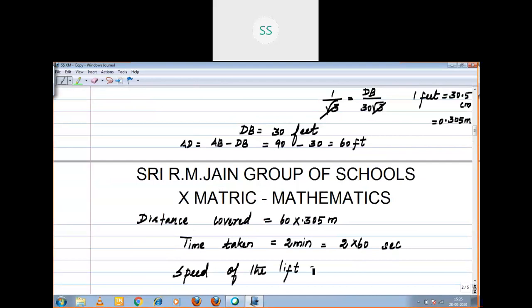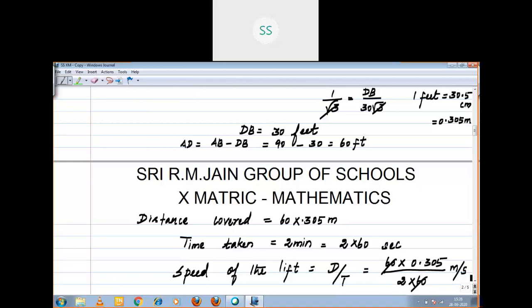Speed of the lift equal to distance divided by time. What is my distance? 60 into 0.305 divided by 2 into 60. 60, 60 cancel. Here it becomes meter per second.